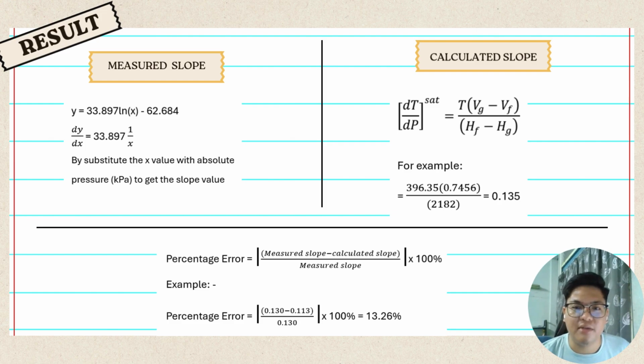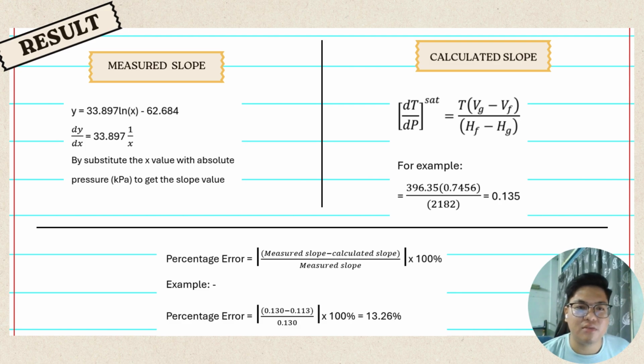After that, we differentiate this equation to get dy over dx equals 33.897 times 1 over x. So we substitute the value of x with the absolute pressure in kilopascal unit. After that, we get the measured slope value.